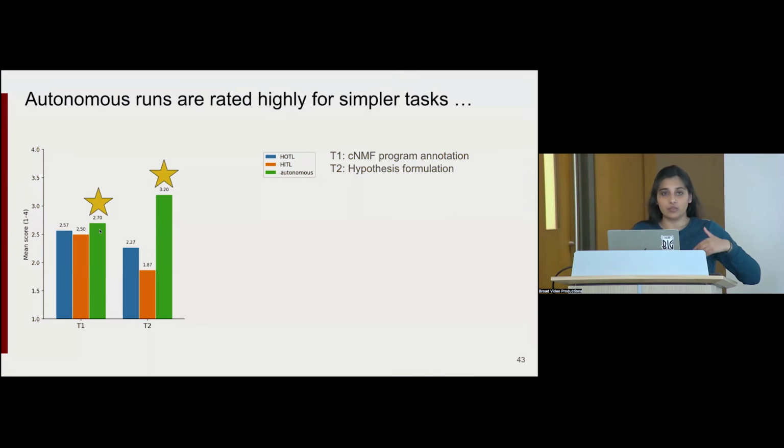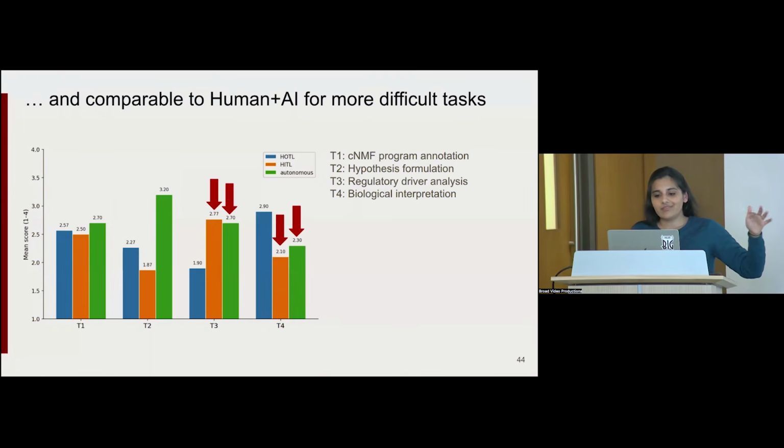Adding humans in the loop was not necessarily very helpful when you average all this across different datasets. But for some of the more difficult tasks, which are identifying the regulatory mechanism or making coherent sense of what's really happening in the dataset, like the biological interpretation part, we see that agents are not necessarily doing better, but they're somewhat comparable to different kinds of human interactions.